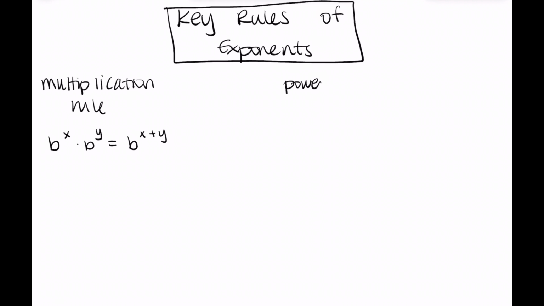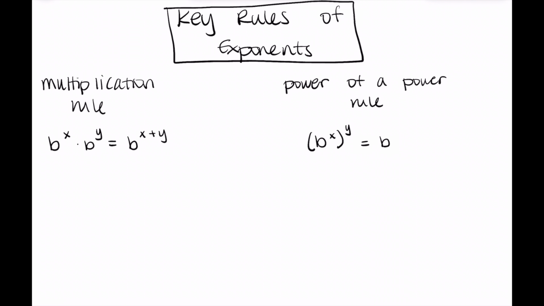Now we'll get into the power of a power rule. So if you had a number with an exponent inside parentheses, so for this example, b to the power of x, and that set of parentheses was also raised to another exponent of y, what you would do to simplify it is you would take b to the x and multiply that additional exponent.